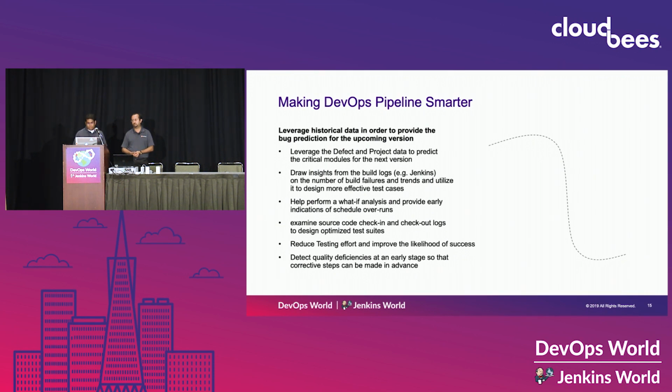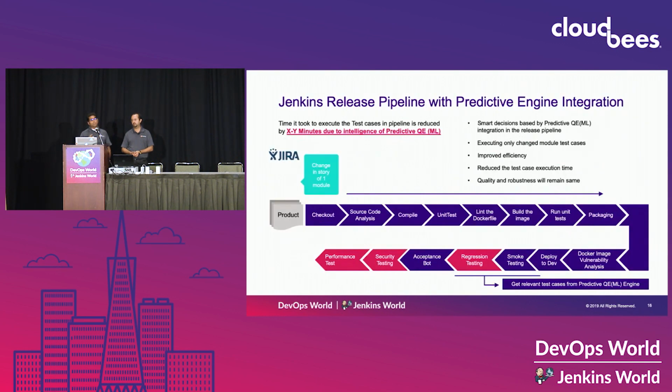Before I get into the nitty-gritties of how we are actually doing these things, we want to show this to you in action. So I would like to hand over to Mohit at this moment, where Mohit will show you the pipeline before and after, and then we will also show you the engine behind it and how it is working.